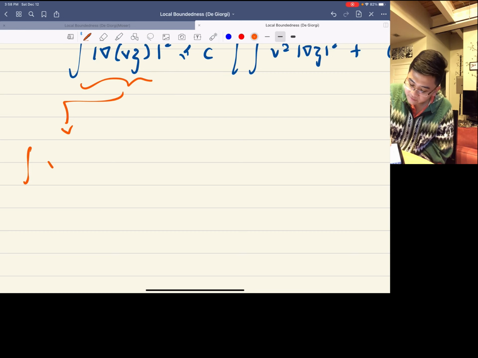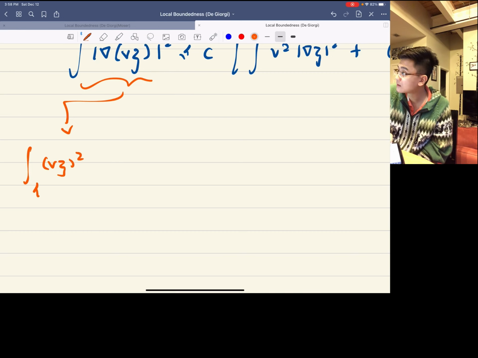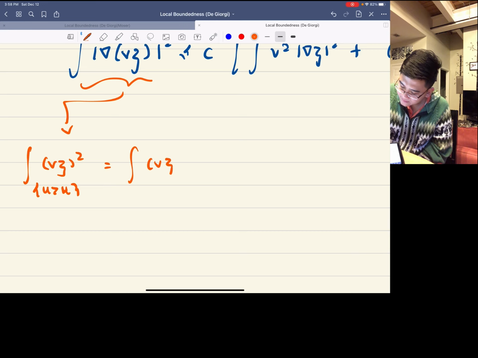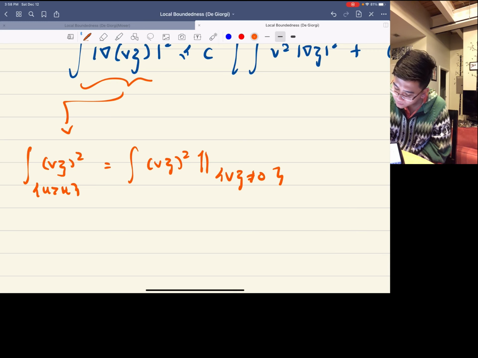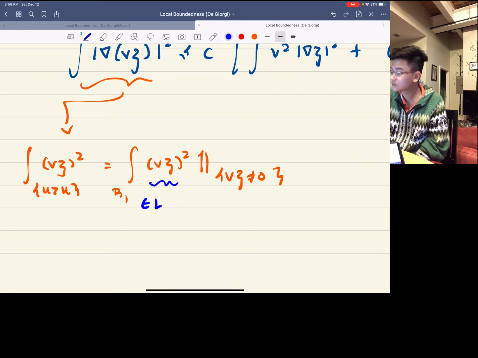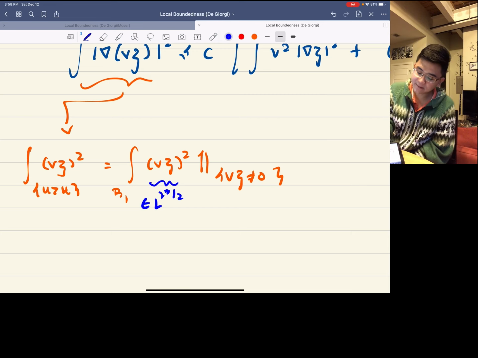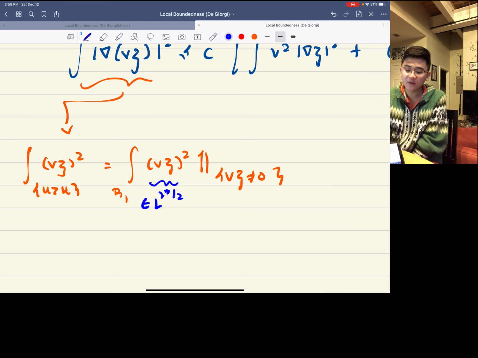The integral of v zeta squared over the set u bigger than k is equal to the integral over B1 of v zeta squared times the indicator of v zeta not 0. What I'm going to do is assign this to L of 2 star over 2, since we want the Sobolev inequality to relate the L2 norm of v with its gradient.